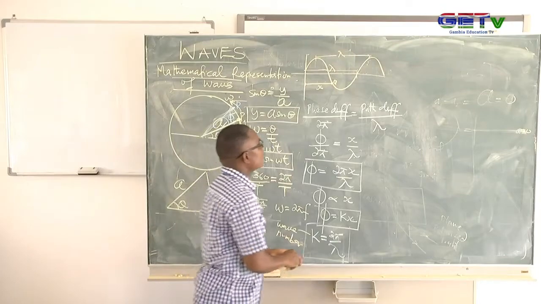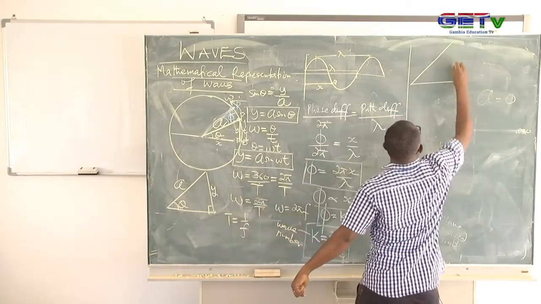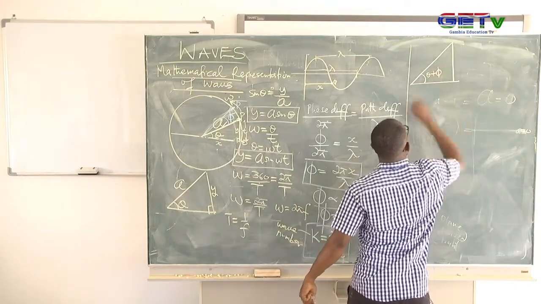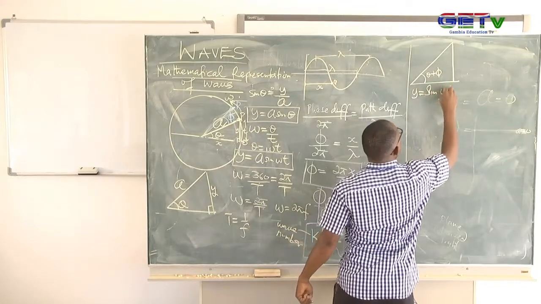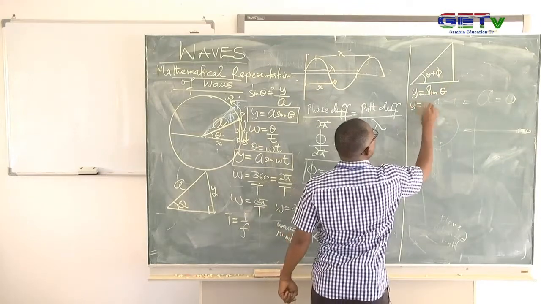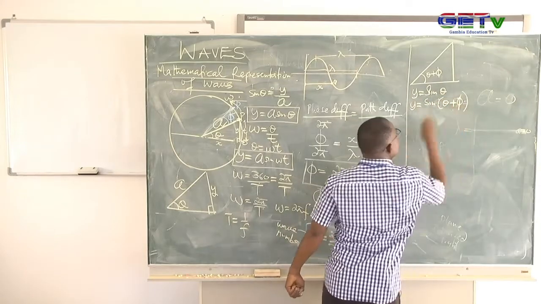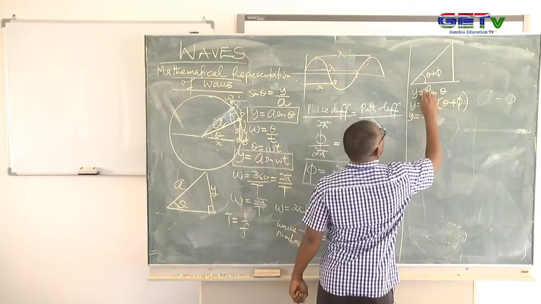So our total angle now becomes theta plus phi. Instead of y equals sine theta, now I have y equals sine of theta plus phi.